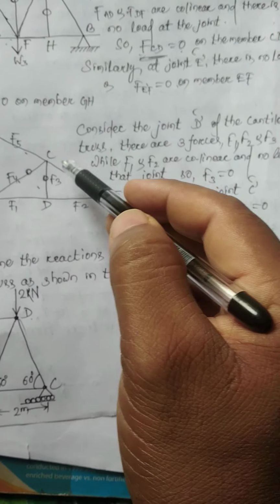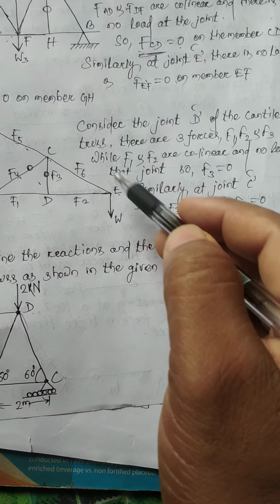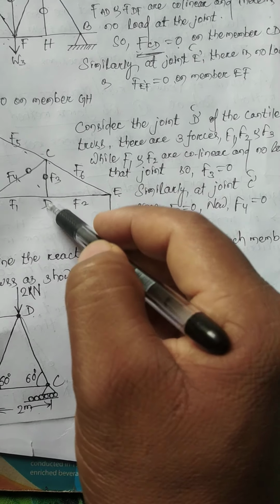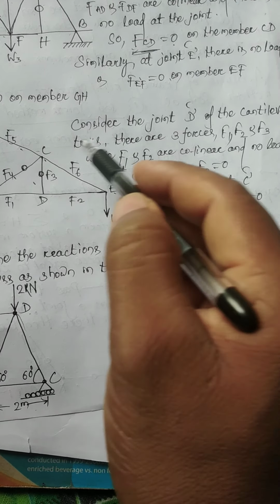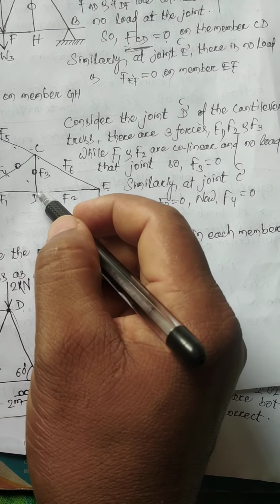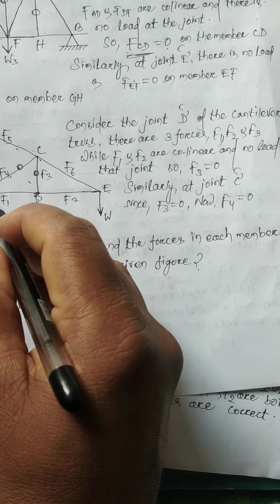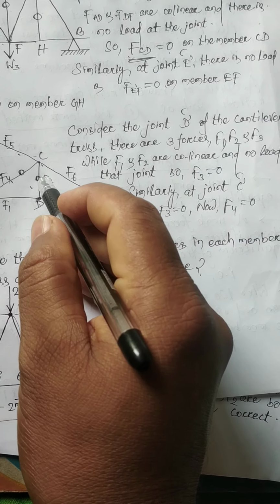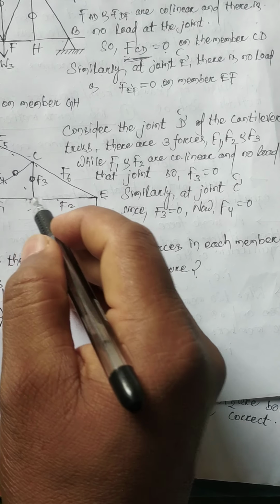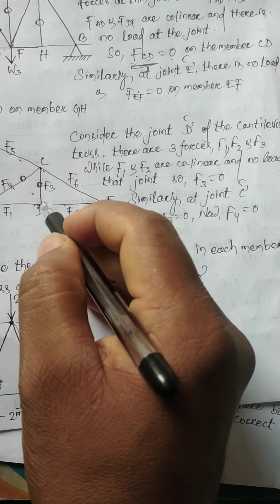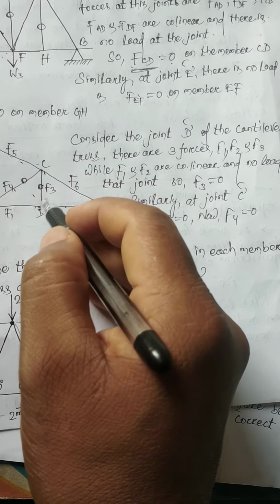One member is BC, another is CE, then SE, CD. Okay, then come to the point D, at the joint D. This is the joint D. Here we can see there are three members. One member is AD, another member is DE, and another member is CD or DC.